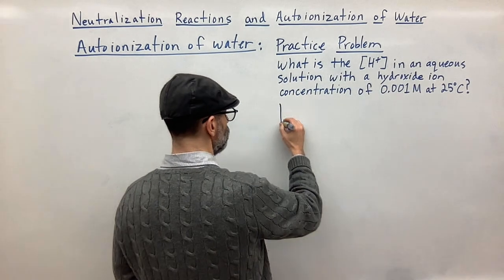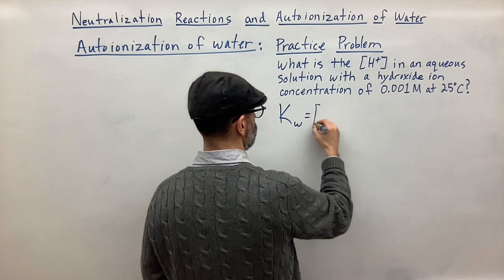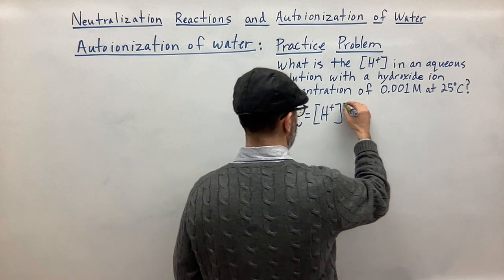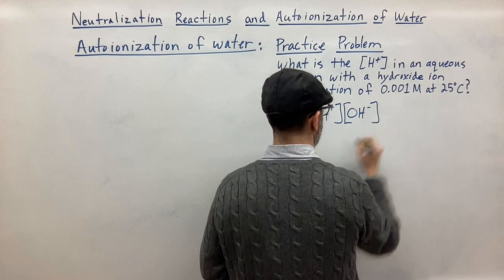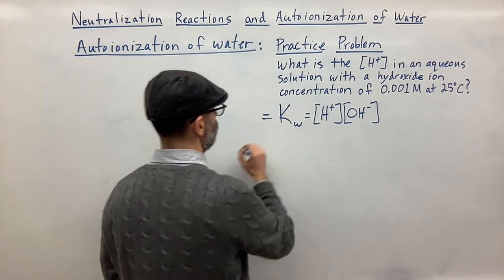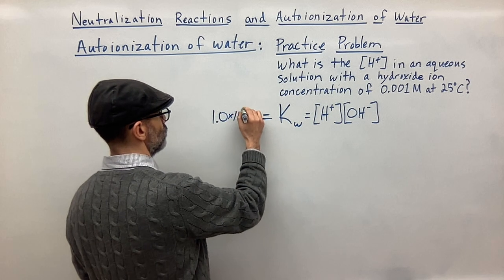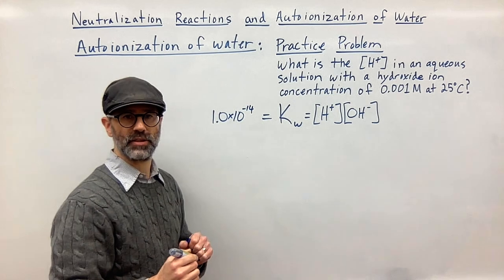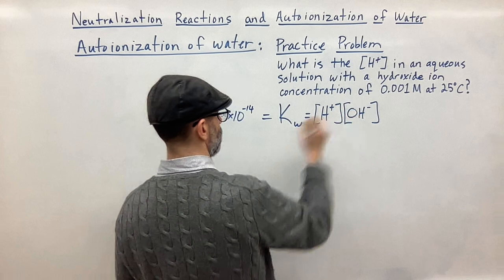So here we want to use our Kw, so we know that Kw is equal to the concentration of H plus multiplied by the concentration of OH minus, and that Kw is equal to 1.0 times 10 to the negative 14 at 25 degrees Celsius. So all we need to do is plug in the values.